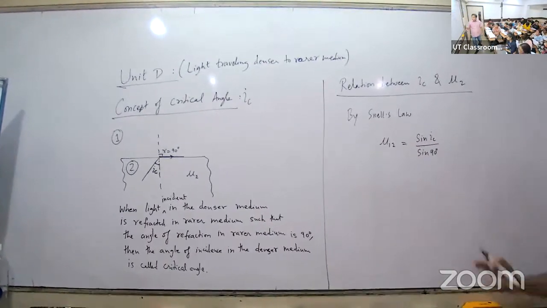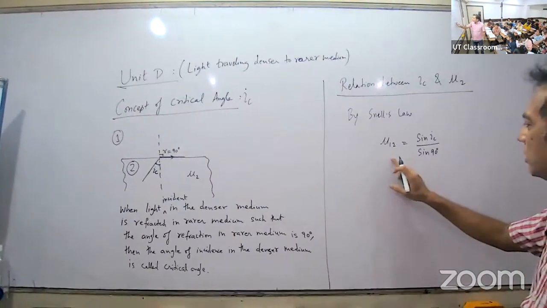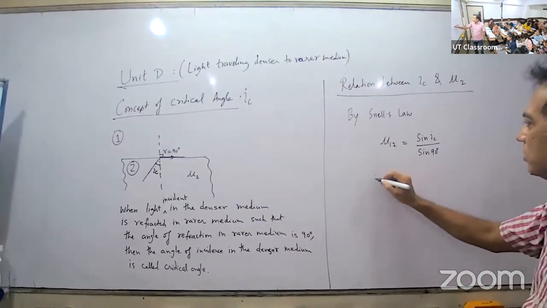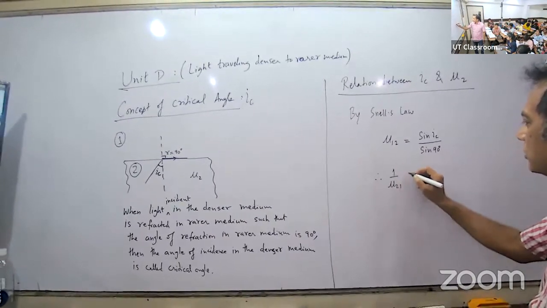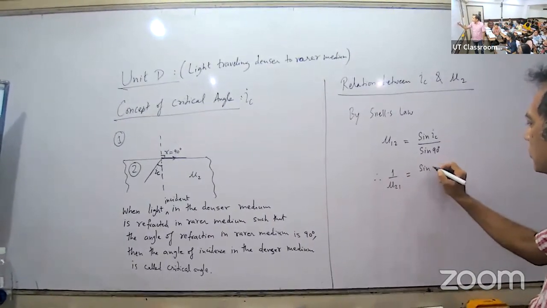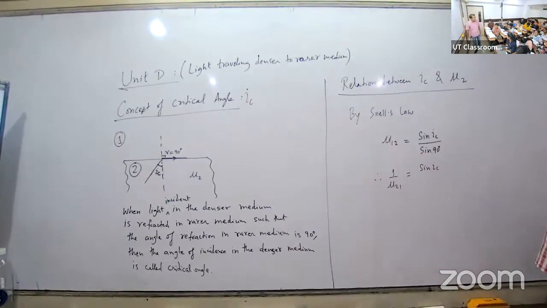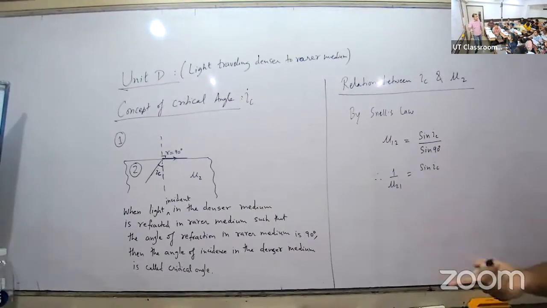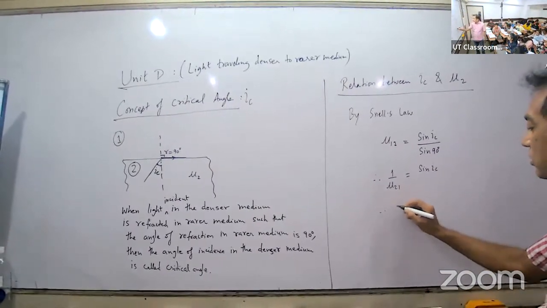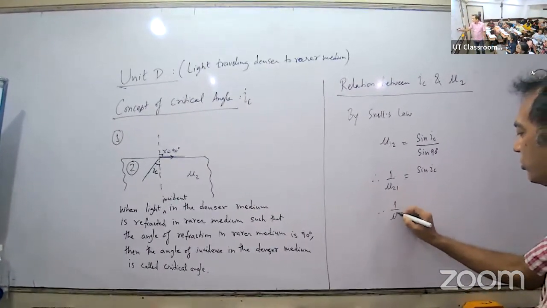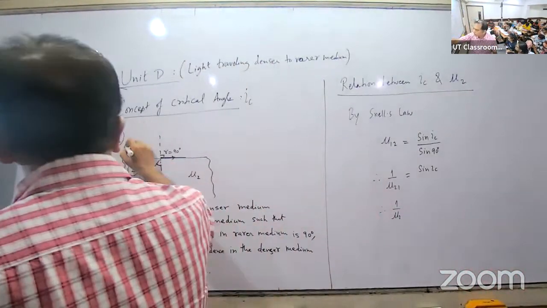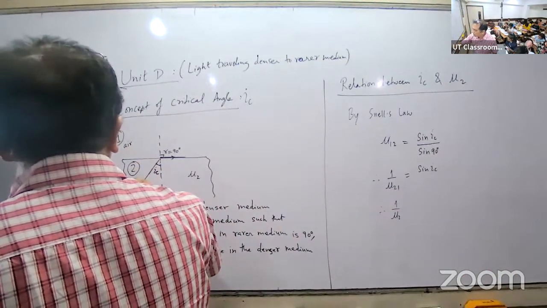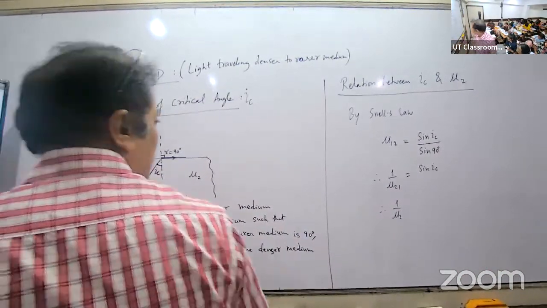ठीक. सो अब what is mu21? 1 upon mu12. ठीक है ना? और mu21 को हम क्या लिख सकते हैं? जस्ट mu2. ठीक है, so therefore 1 upon mu2, because ये क्या हो गया? अगर ये एयर है और ये ग्लास है तो क्या मिल गया हमको?